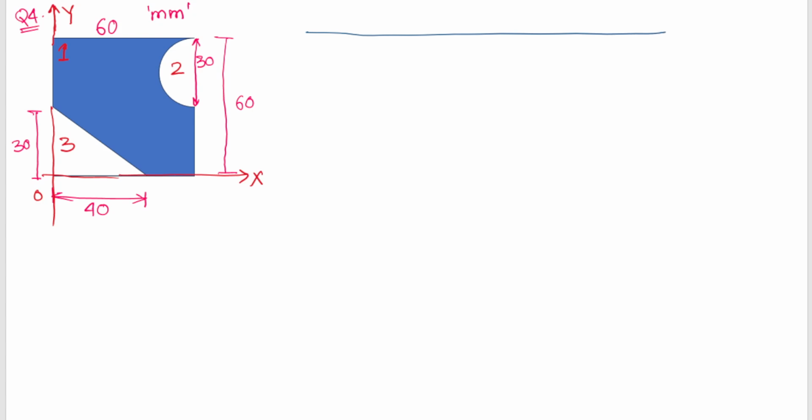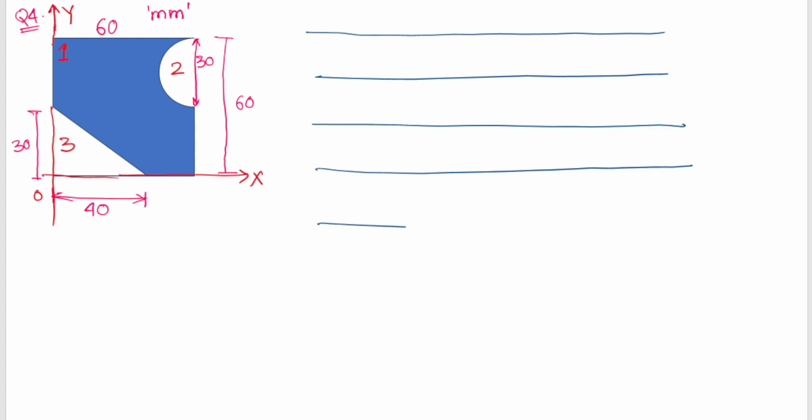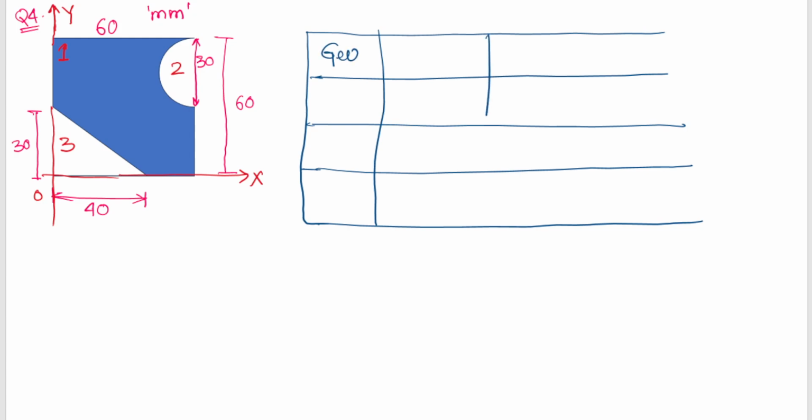So let's make the table. How many geometries? 3. So the number of rows will be 4: 1, 2, 3 and 4. We have the geometry, then the area, xi and yi.